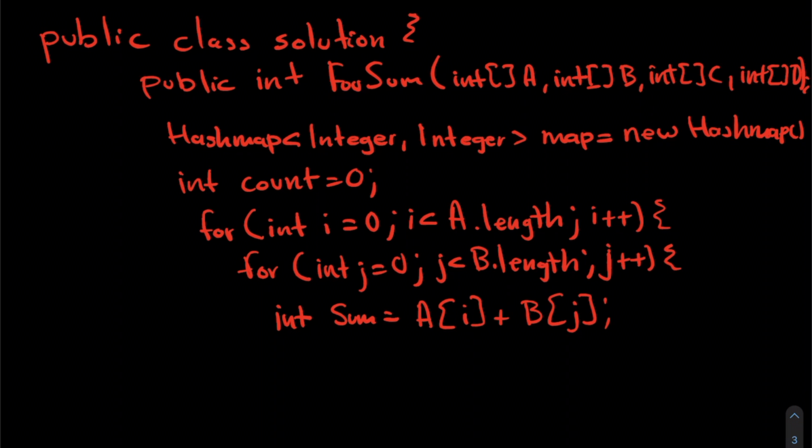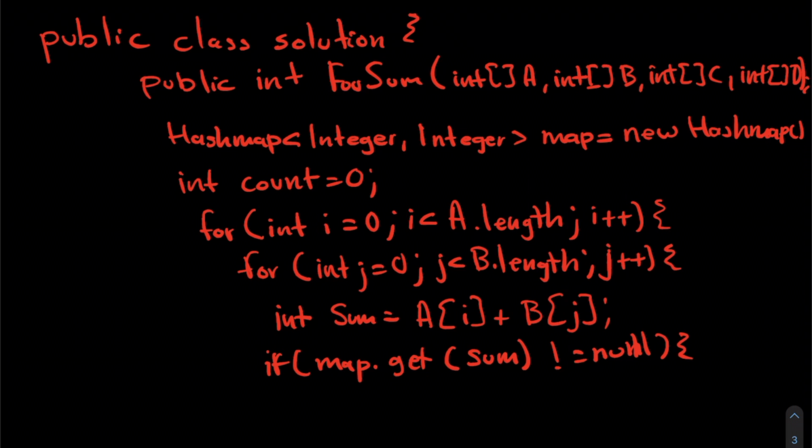And now what we're going to do is check if this value already exists within the map. So if map.get(sum) does not equal null, we're going to increment, since it's already inside the hash map.